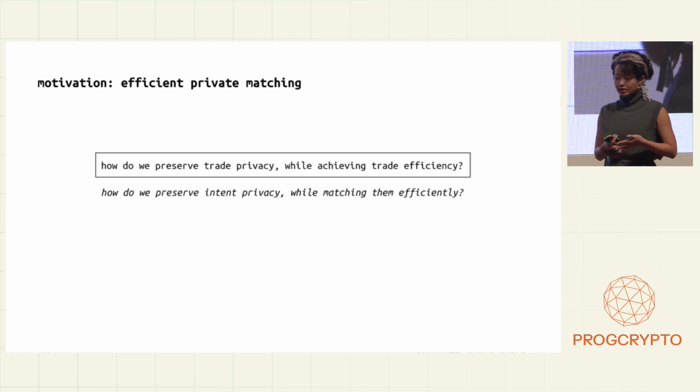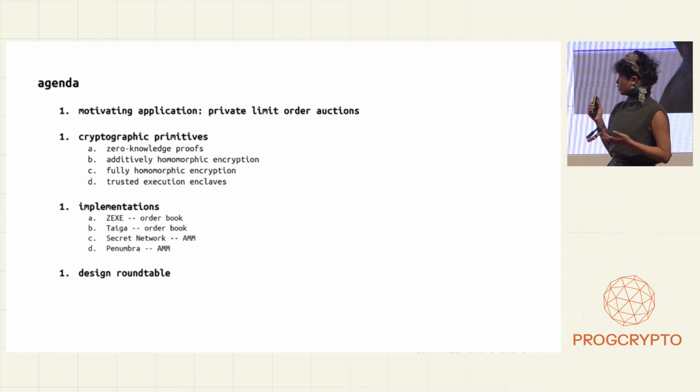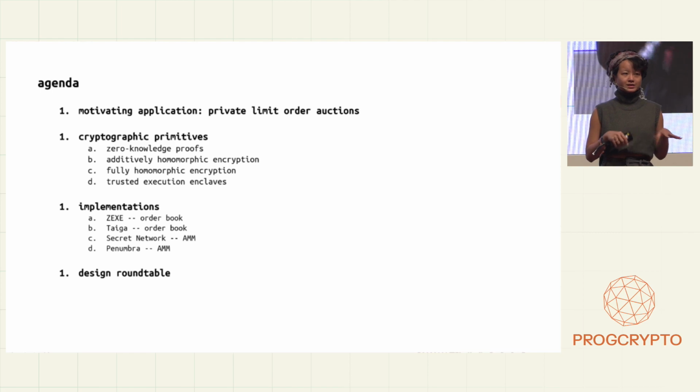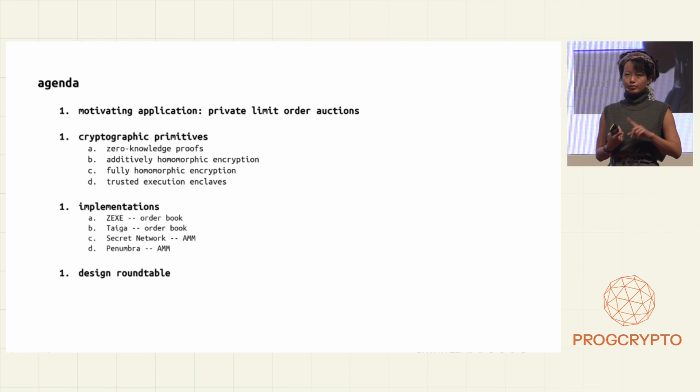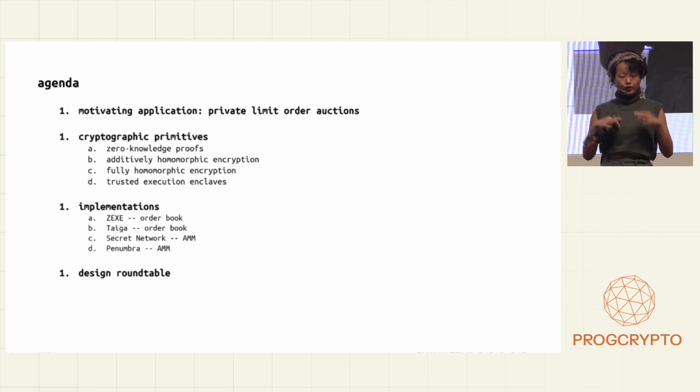And this work today is part of a systematization of knowledge paper that I'm co-authoring with a few collaborators. What we're aiming to do is formalize the computational frameworks used in these programmable privacy solutions, and also examine the information leakage and the security assumptions behind each of these solutions.